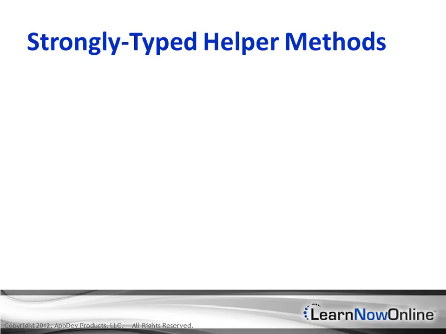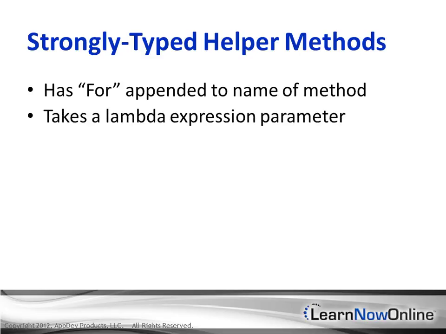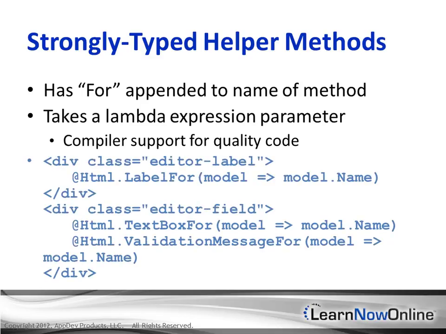The second in our list of helper methods that we're looking at are strongly typed helper methods. All these have the "For" appended to the name of the method. These usually take a lambda expression parameter, and they also compile support for better quality code. Here's an example.